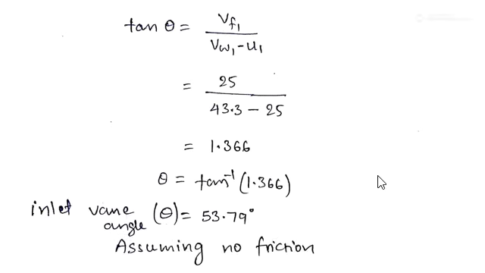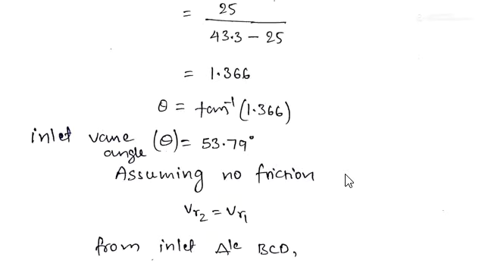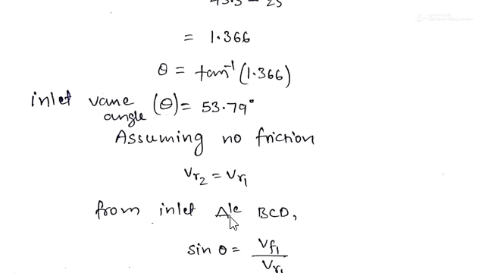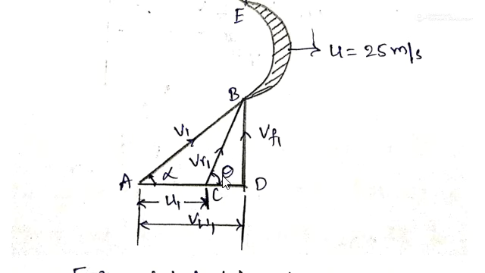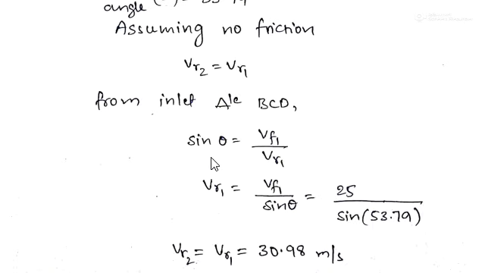If we assume no friction for this case, VR1 will become VR2. Also from the inlet triangle BCD, if you write sin theta, it is opposite, that is VF1, by hypotenuse VR1. From that, VR1 equals VF1 by sin theta.